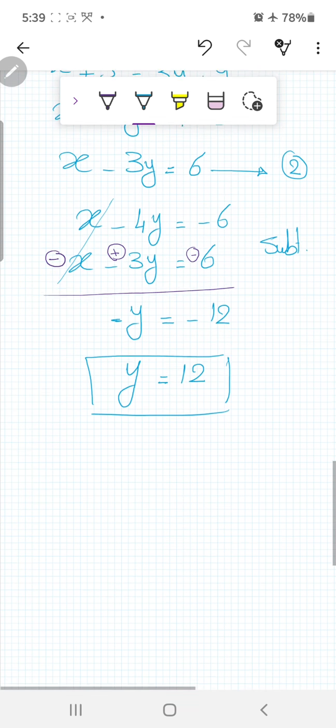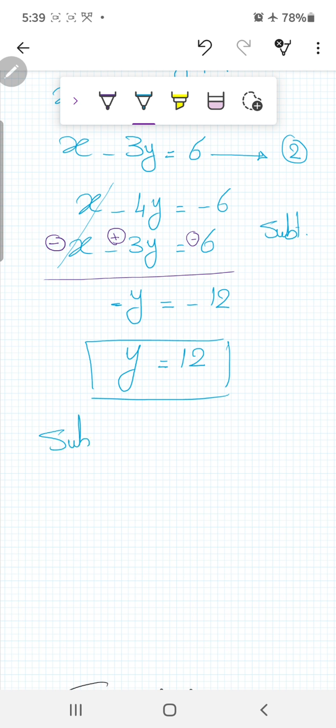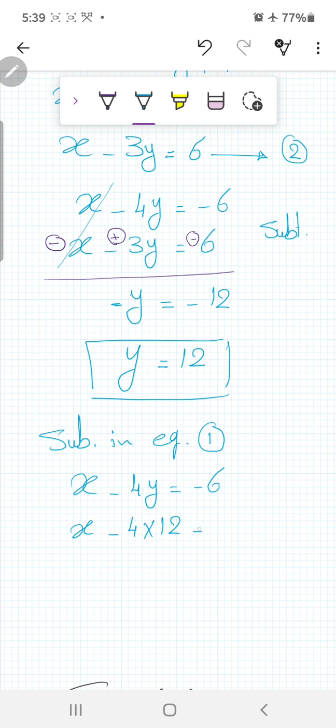Substitution to get the value of x, like in equation 1: x minus 4y equals negative 6. So x minus 4 times 12 equals negative 6. So x minus 48 equals negative 6. Move negative 48 to the other side. So x equals negative 6 plus 48, which is 42.